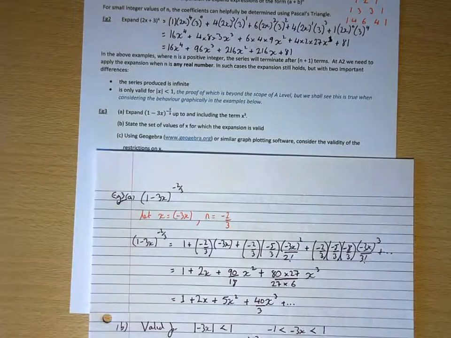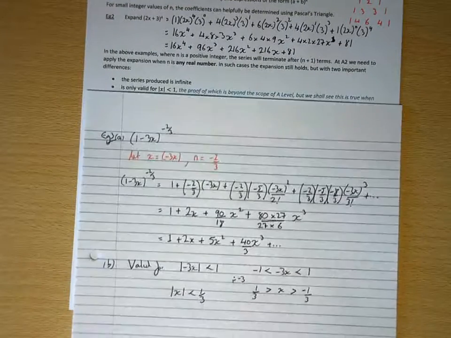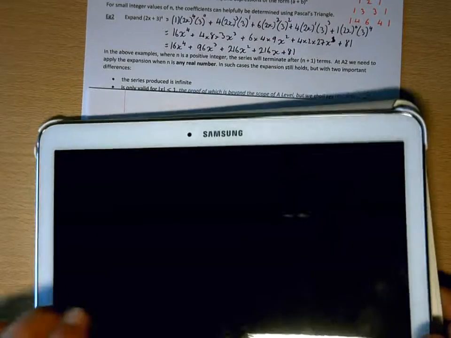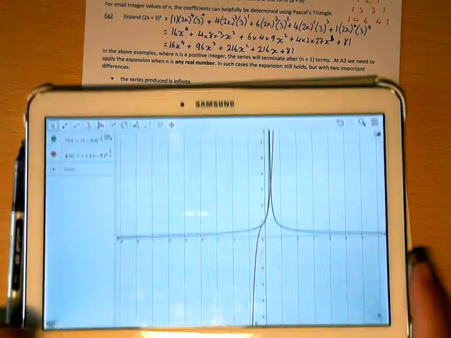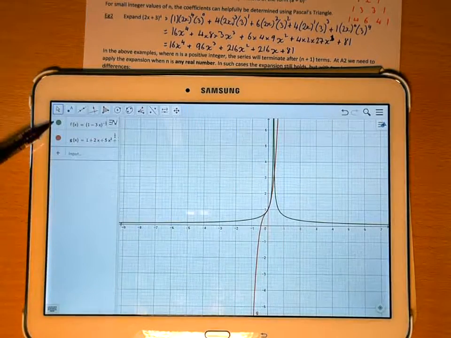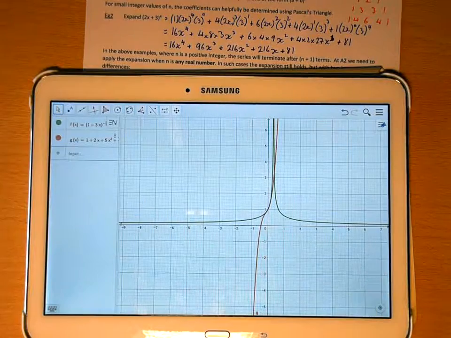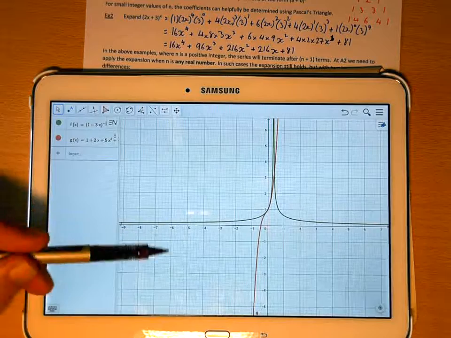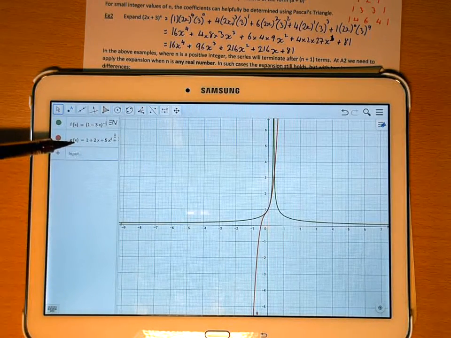Using GeoGebra or a similar graph plotting software, consider the validity of the restrictions on x. Now, again, I've sped things up here by already entering those functions onto GeoGebra. The green function that you can see there, which is the one with the asymptote, is 1 minus 3x to the negative 2/3, and the red curve is the binomial approximation that we've got.